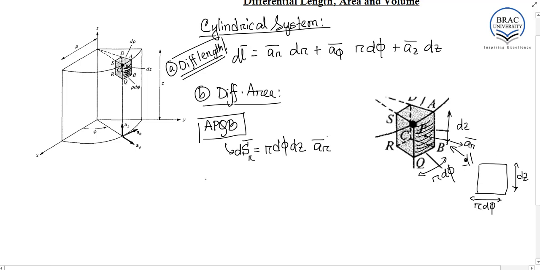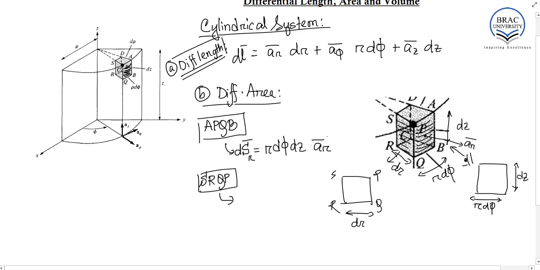And if you look at the ASRQP surface, then we'll see this is the surface I'm talking about right now. So if you take it out, it has a length of dr and a height PQ of dz.